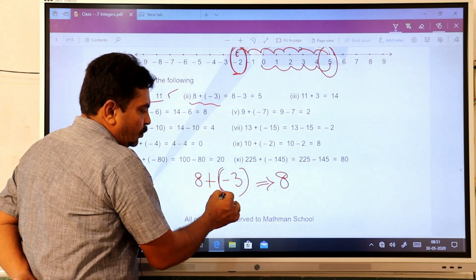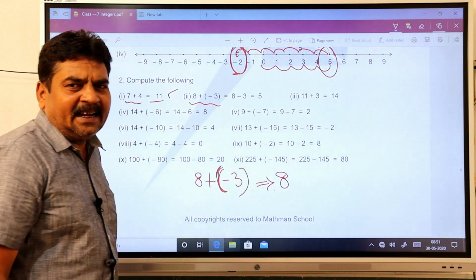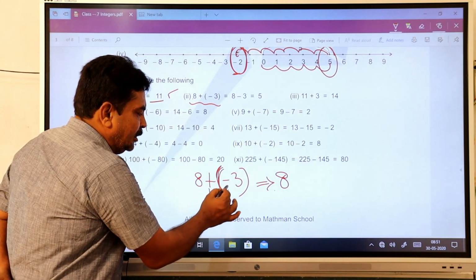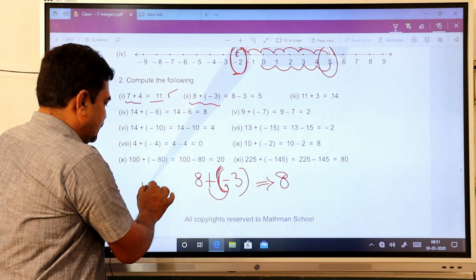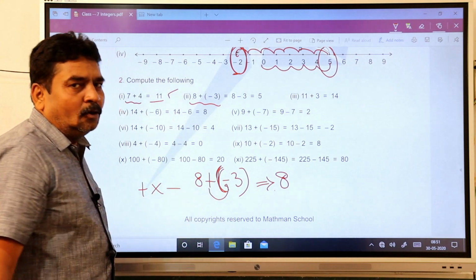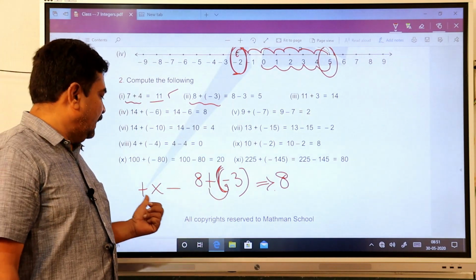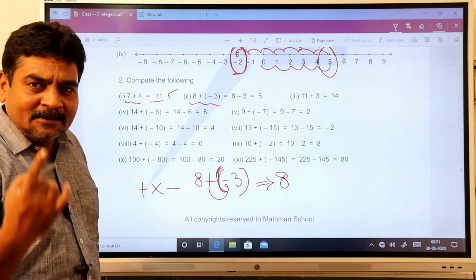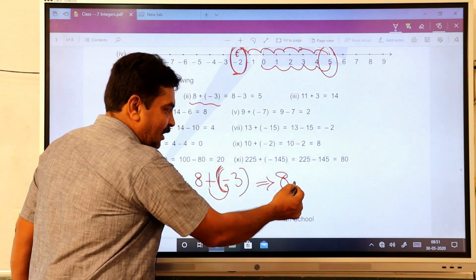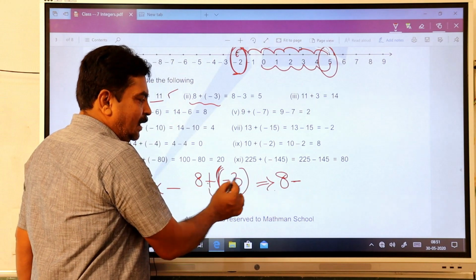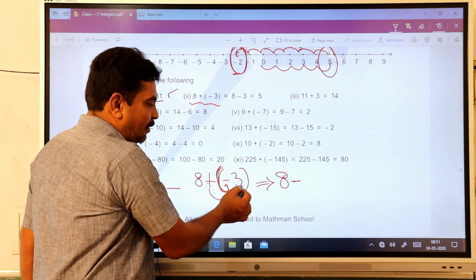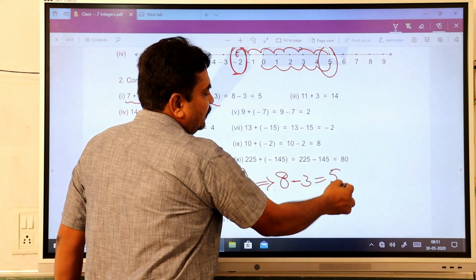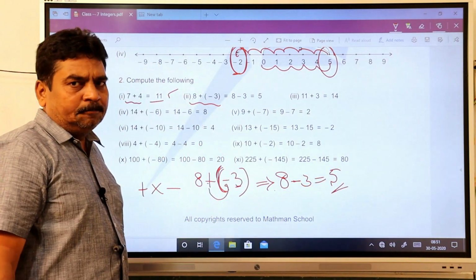As I told you, bracket indicates multiplication. So plus into minus, plus into minus. I told you, whenever two different symbols are there, then you get the resultant as minus. So plus into minus is minus. What is the number here? 3. So 8 minus 3, how much? 5. This is your answer.